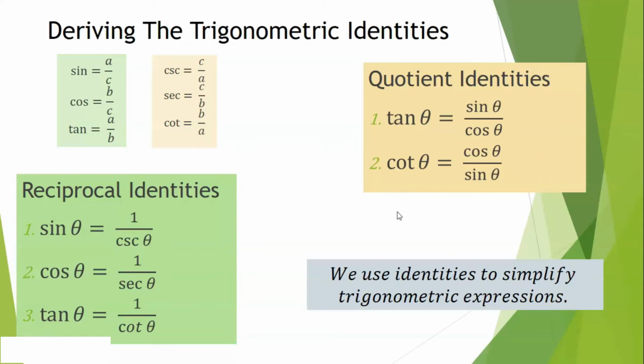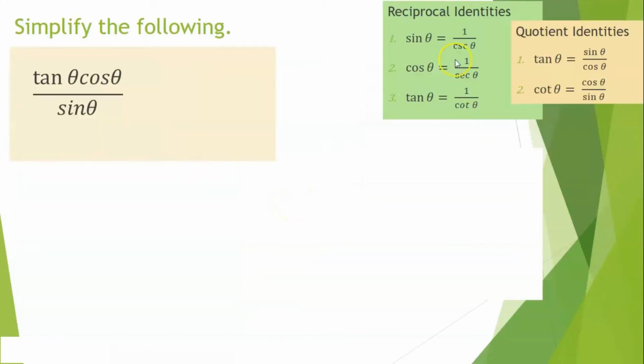Now, take note, we can use identities to simplify trigonometric expressions. So, these are reciprocal identities and these are quotient identities. Now, the basic rule in simplifying equations is to rewrite functions in terms of sine and cosine.